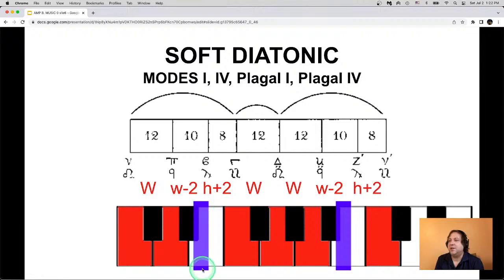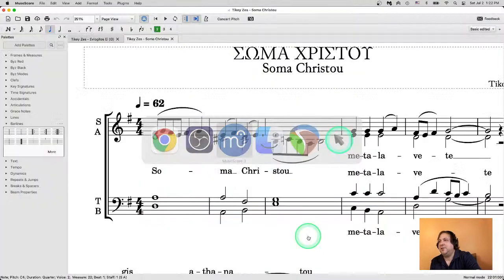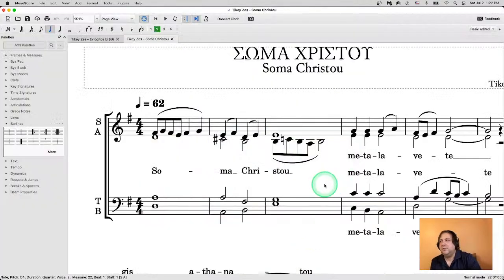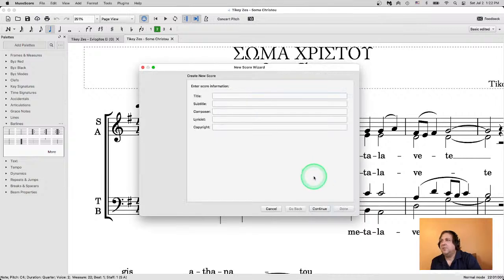And so what I've done here is I've kind of said, okay, well, it's mostly E, but it's a little bit E flat. It's mostly B, it's a little B flat. So how do we make that sound in Western music? Let's see if we can make it happen.